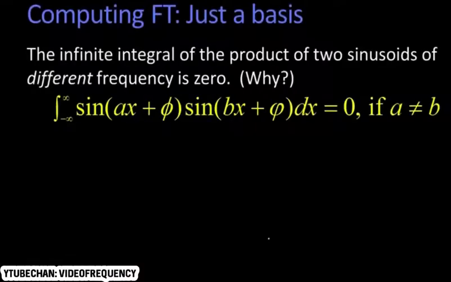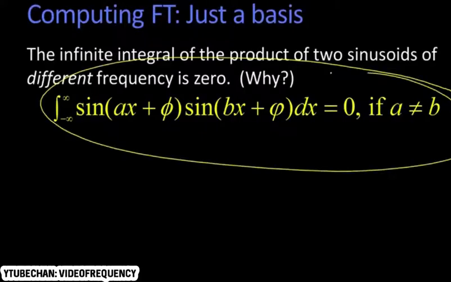So the product of those two numbers, summed together, is going to cancel out. That's a hand-wavy way of saying that this entire integral is going to be 0 as long as a does not equal b.